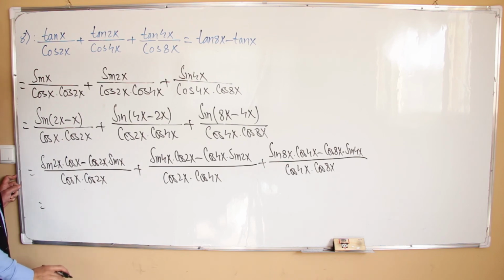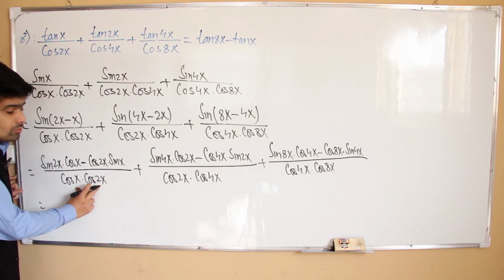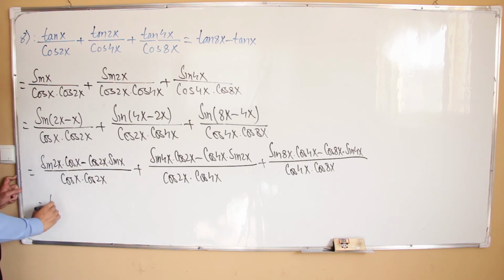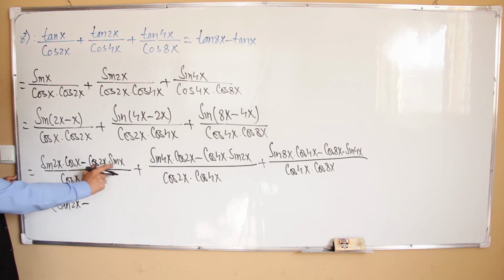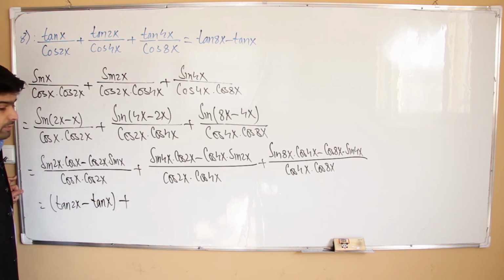Now look, can I divide this by this one and this by this one individually? Yes, we can do, according to division of a polynomial by a monomial. So if I divide this one by this one, cosine by cosine is cancelled, sine by cosine, this is tangent 2x, minus this one divided by this one, cosine with cosine is cancelled, sine by cosine, it is tangent x. Am I right?